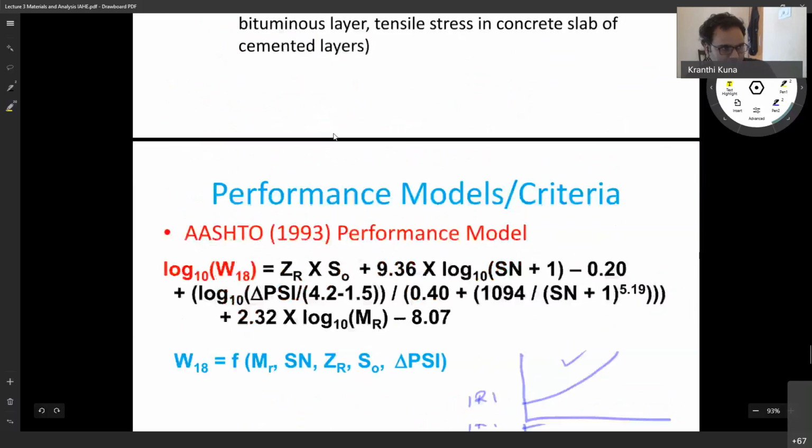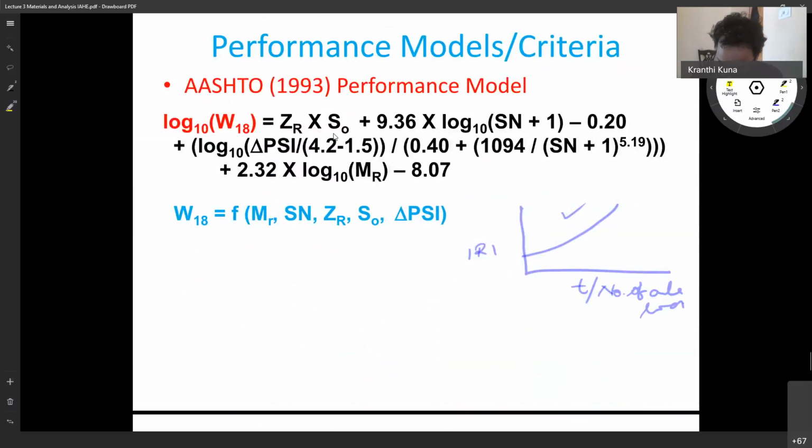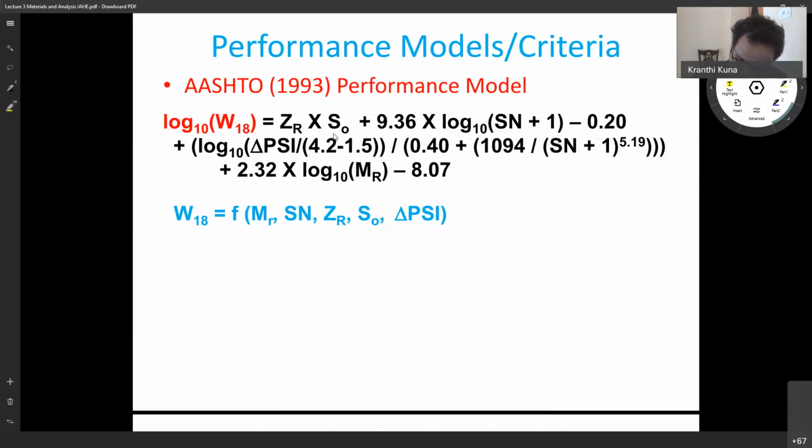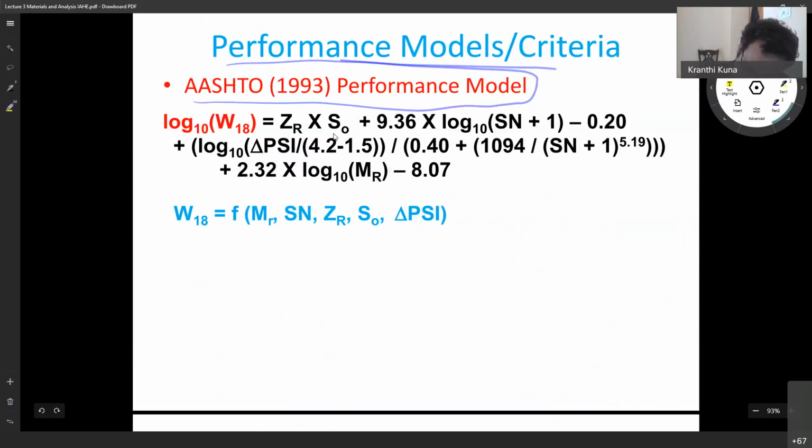Here, if you see, this is an example of a performance model or performance criteria that is given in the AASHTO 1993 model. Similar to what we have in the performance models in IRC 37, this is the performance model given in the AASHTO 1993 model.